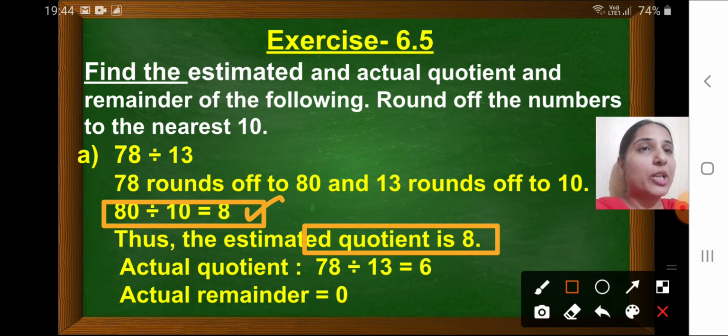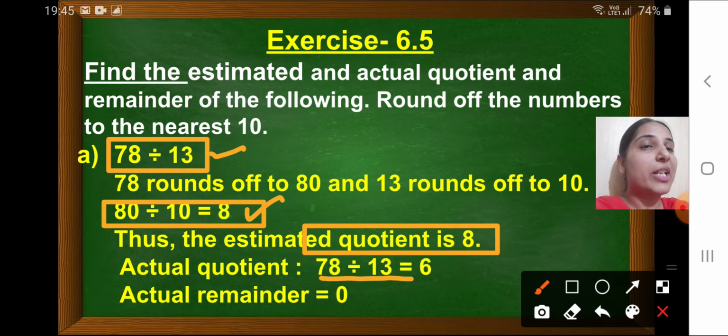But in the question, the actual quotient and remainder are also being asked. So what will be the actual quotient? In that case, we will divide the dividend by the divisor without rounding them off. In the question, we have 78 divided by 13. So how many times will 13 give you 78?